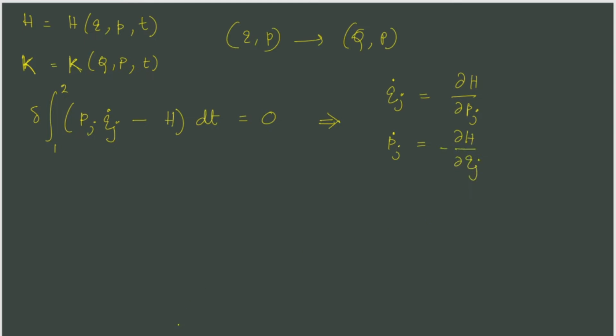Now if we have canonical coordinates, a new set, then we can equally demand that for this new set we must have, and this will give us similarly.